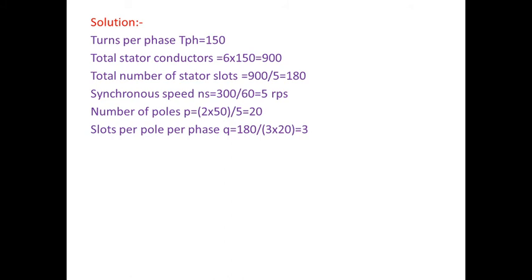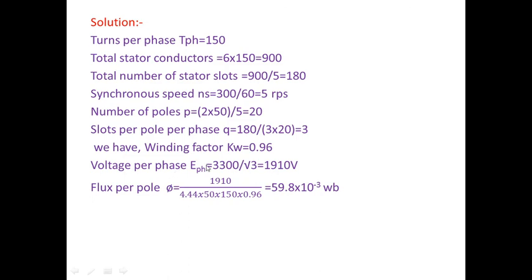The speed is given as 300 RPM, so divided by 60 you get 5 RPS. Number of poles P is equal to 2F by NS, so 2 into 50 by 5, that is 20. Slots per pole per phase Q is the total number of stator slots divided by number of phases into number of poles, 180 divided by 3 into 20, so you get 3 slots per pole per phase. Now winding factor is given as 0.96.